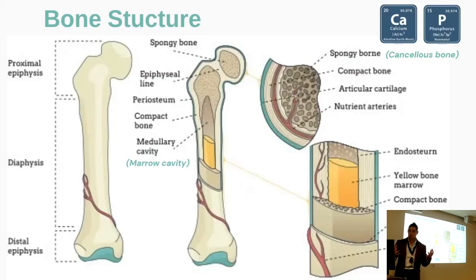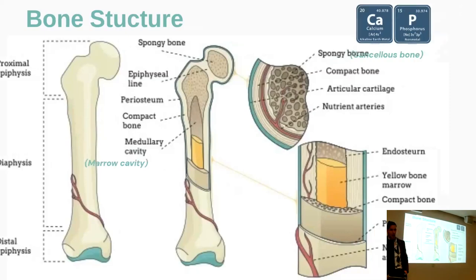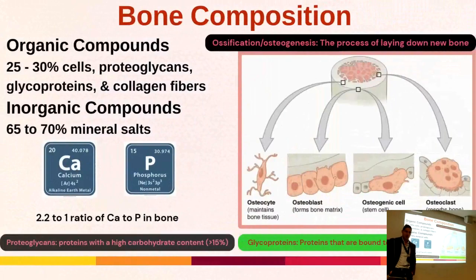Calcium and phosphate largely make up the majority of bone, but there's other stuff in there as well, such as some magnesium. That makes up around 70% of bone, and they form these things called mineral salts. It's around a 2.16 to 1 ratio of calcium to phosphorus in your bone.